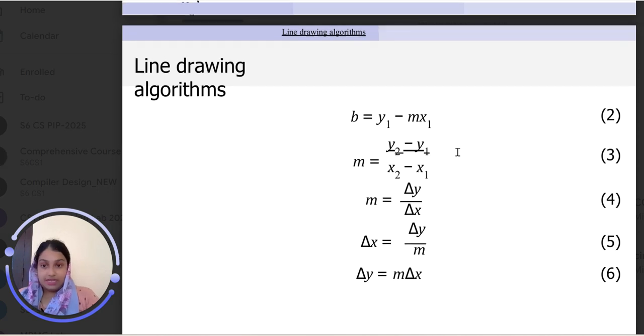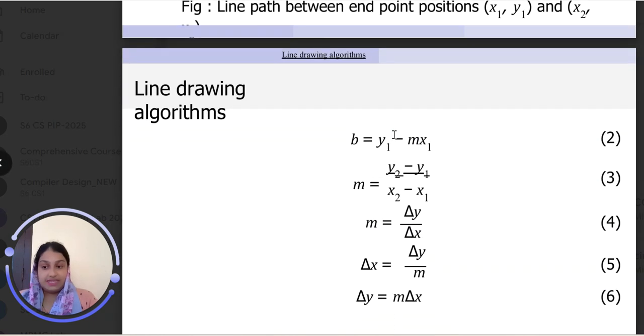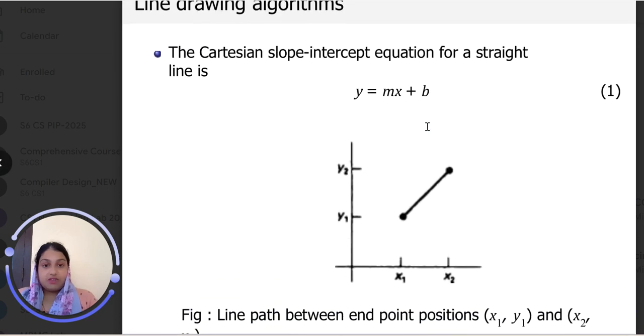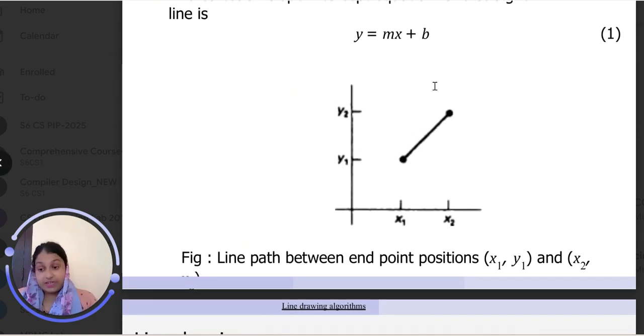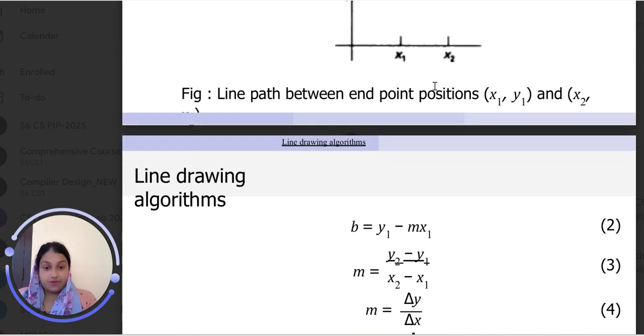Now for the line drawing algorithm, the basic first equation we have to write is for b, the intercept. So b is equal to y1 minus m x1. We have rearranged the equation to get b, and we are substituting the first point, y1 and x1.